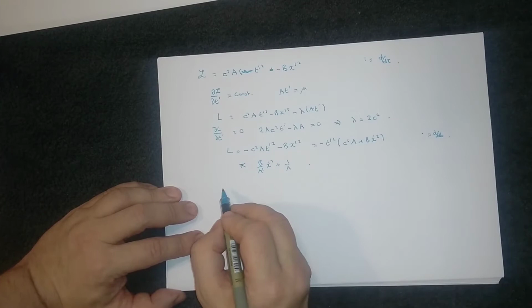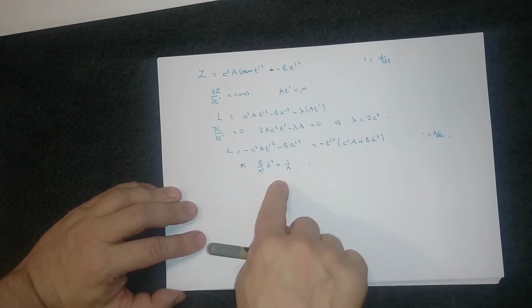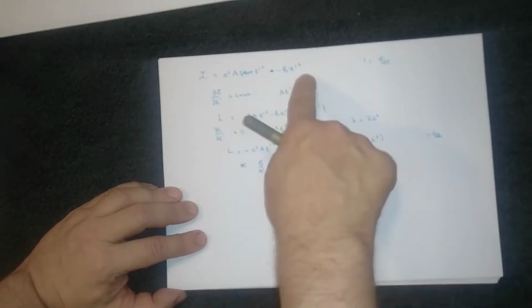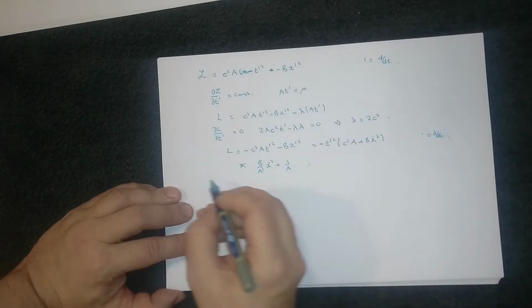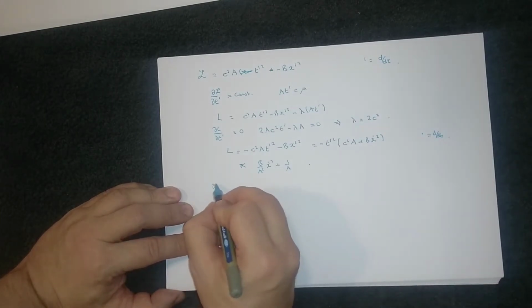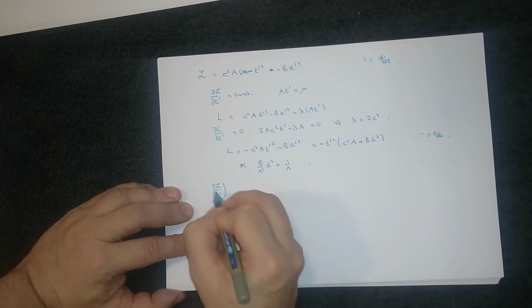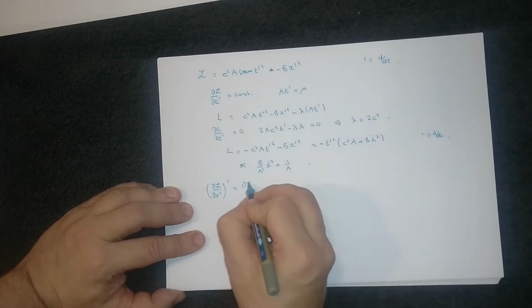We should perhaps check that this gives the same equations of motion as the original Lagrangian. So the original Lagrangian gives me d/dτ of dL by dx prime is dL by dx.